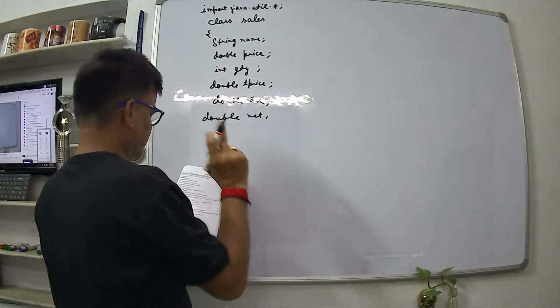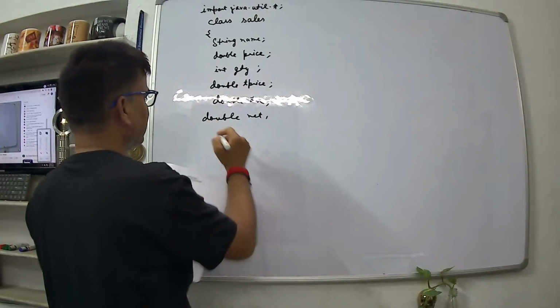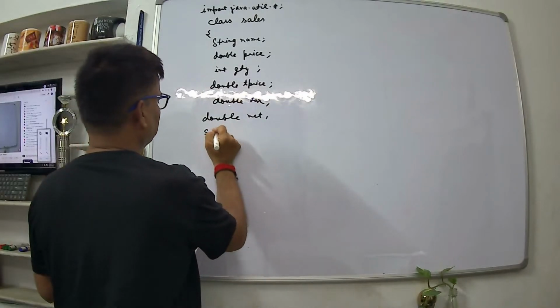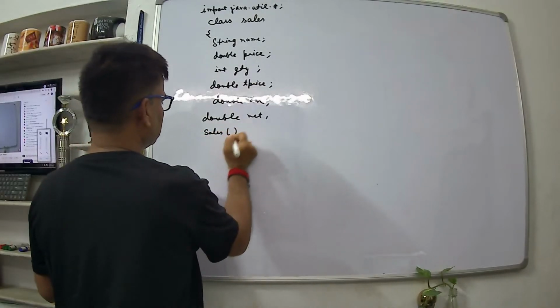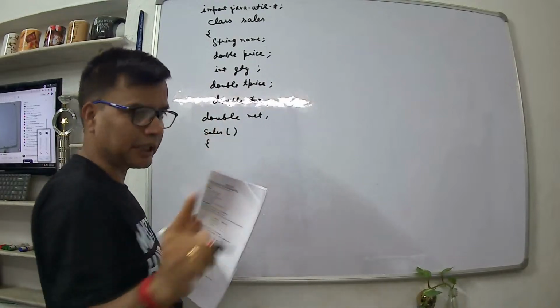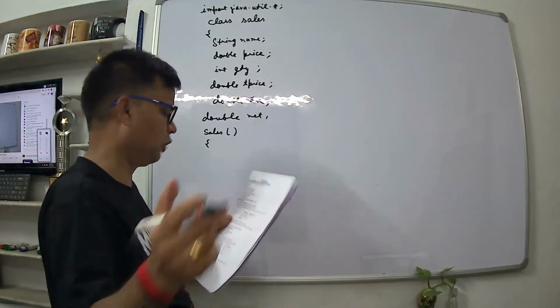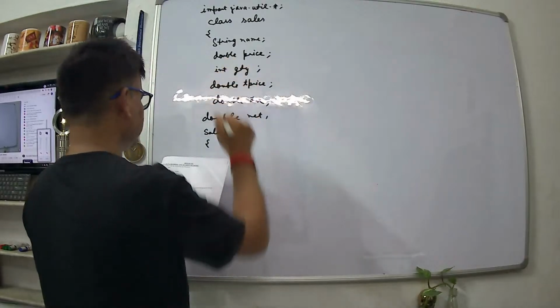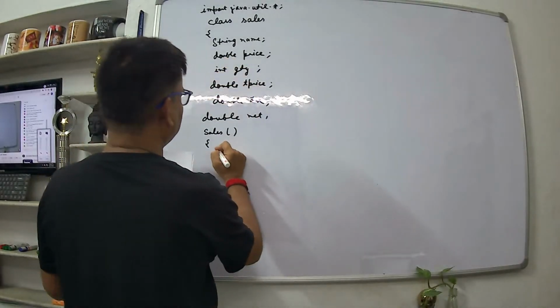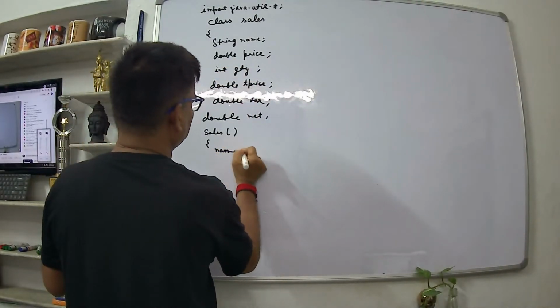Now the member methods. First one is Sales, that's a constructor. A constructor does not have any return type, not even void. So Sales, initialize the default values.